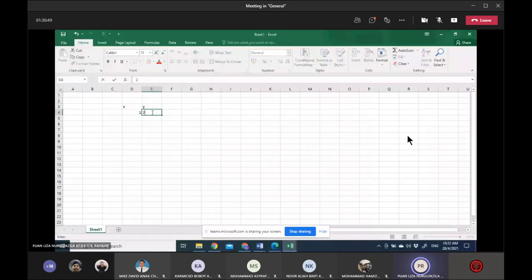Okay, let's say I have, this is just hypothetical value. Saya letak je value ni. Say you have 3.2, 1.8, 7. This is just hypothetical value ya. Saya letak je number ni, bilangan ni. 6.3 value.